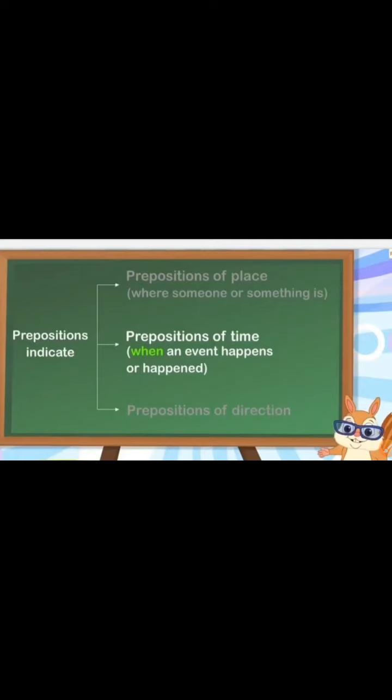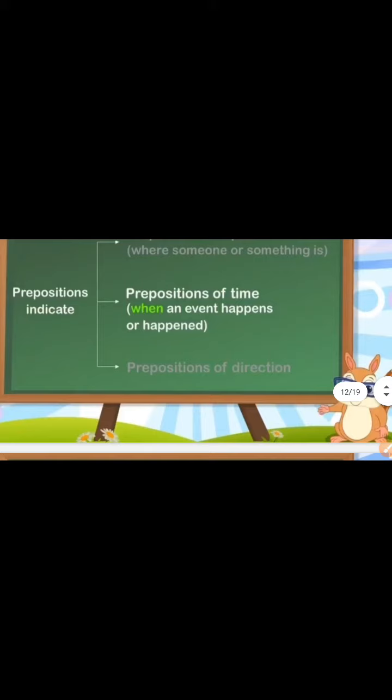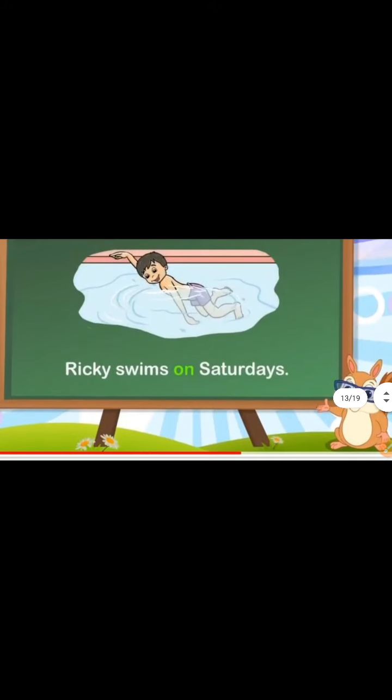Now the second use of preposition is preposition of time, when an event happened. Now see in this statement, Ricky swims on Saturday. Ricky is a naming word, and in the image you can see he is swimming, but the relation of Ricky with the other word Saturday is shown by the word on.